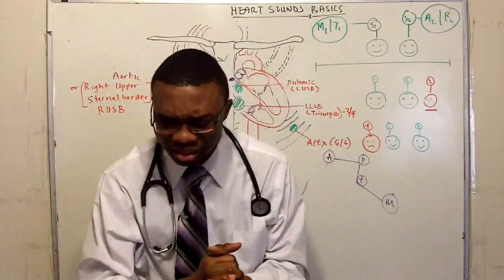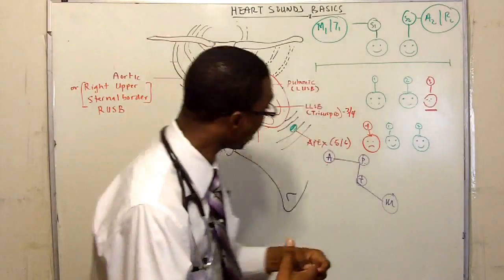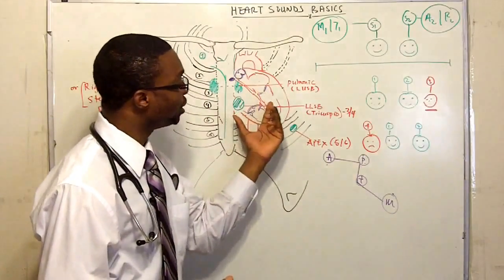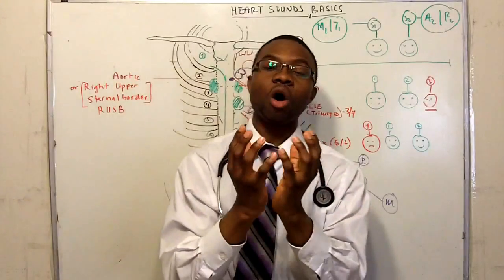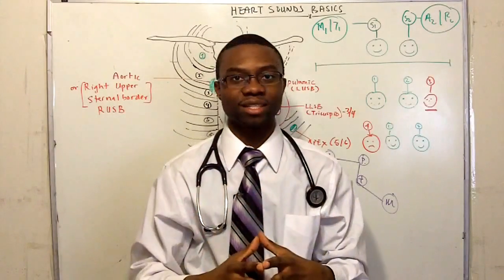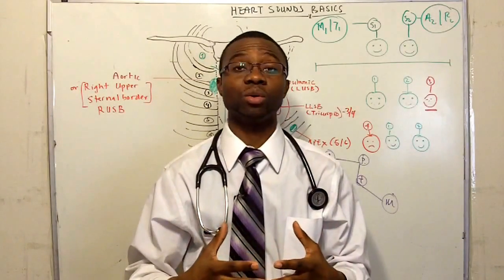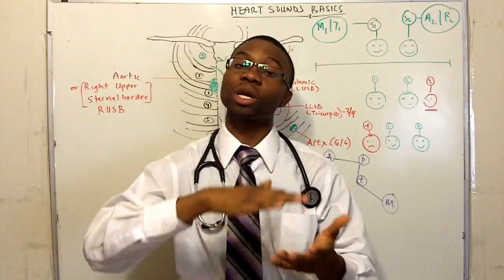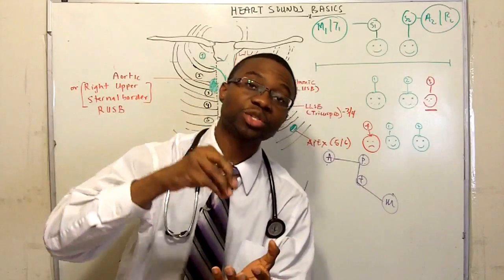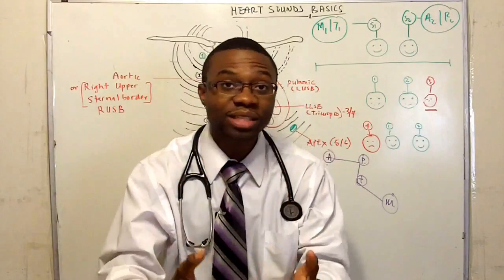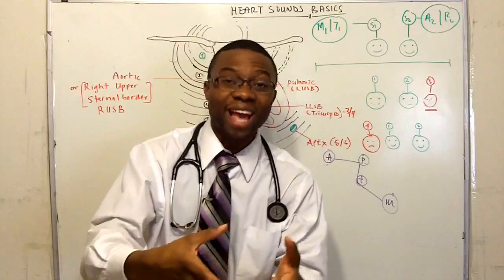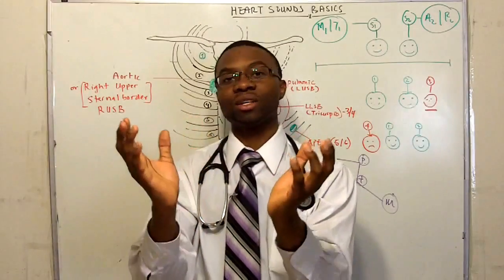So what really causes S3? Usually, it's due to when you have a heart that's dilated or a non-contractile ventricle that's just big and full with a lot of blood, and the atria is contracting and spilling a little extra blood down into an already non-contractile ventricle.